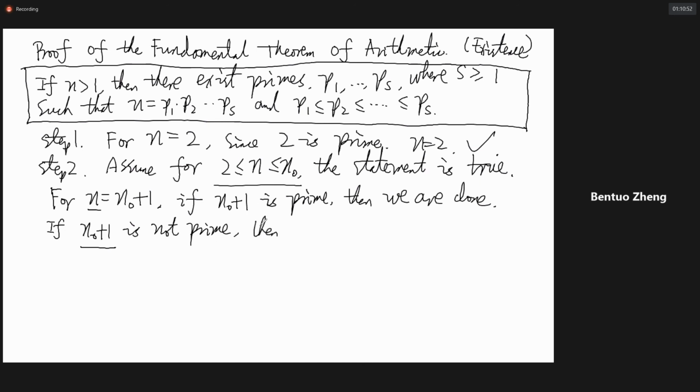Then by our earlier lemma, we know that n0 plus 1 is the product of A and B, with both A greater than 1 and less than n0 plus 1, and B greater than 1 and less than n0 plus 1.